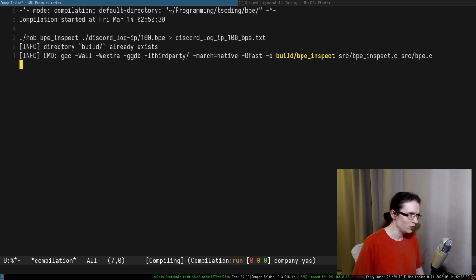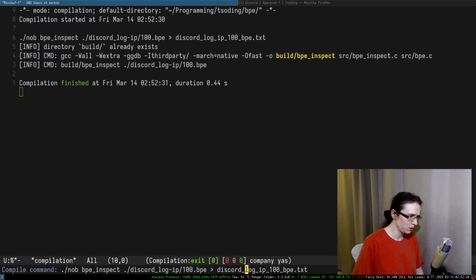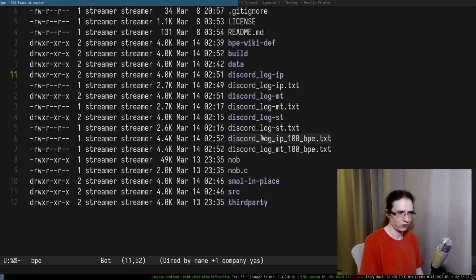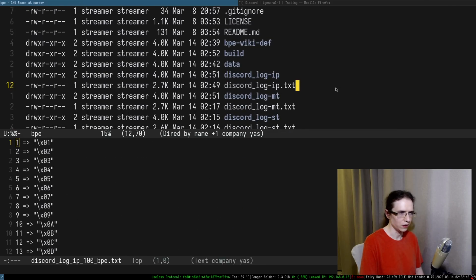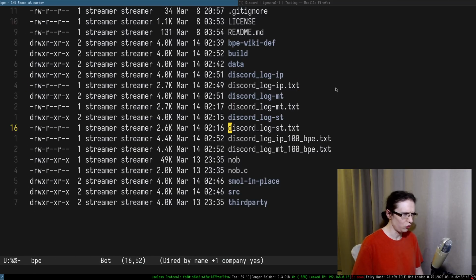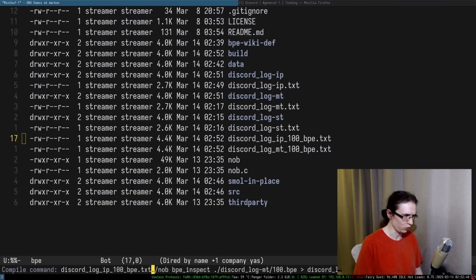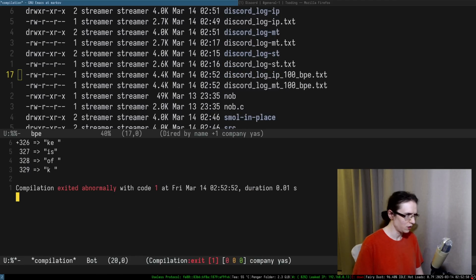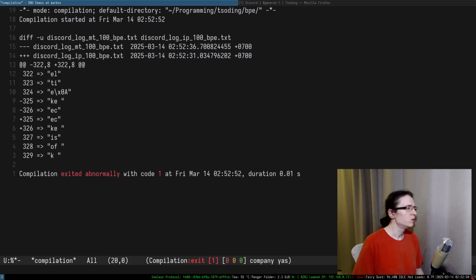Then I can take a look at MT. Okay, so I have these two files, the outputs of the inspection, and we can do a textual diff between them, just to see the difference between the tokens in there. Might as well put this thing in here, MT and then IP.